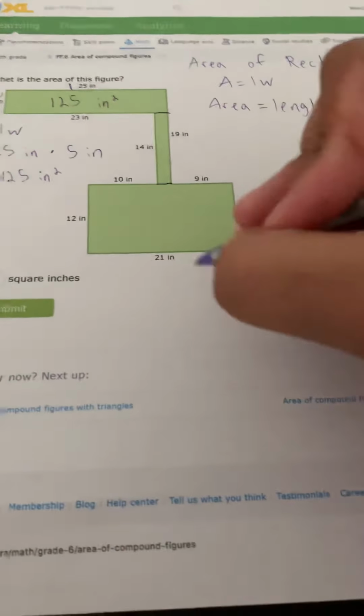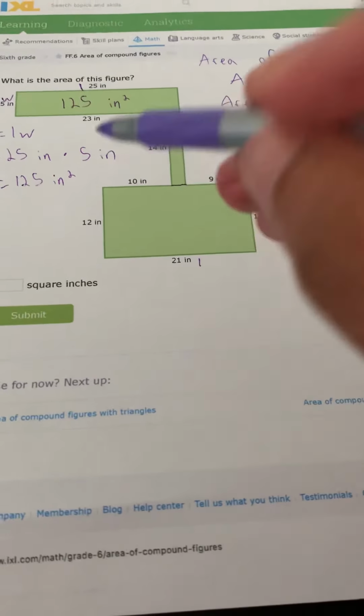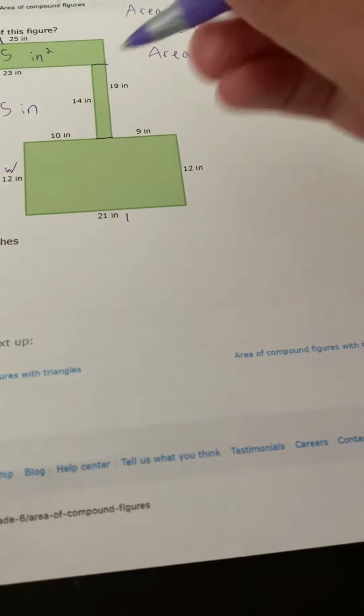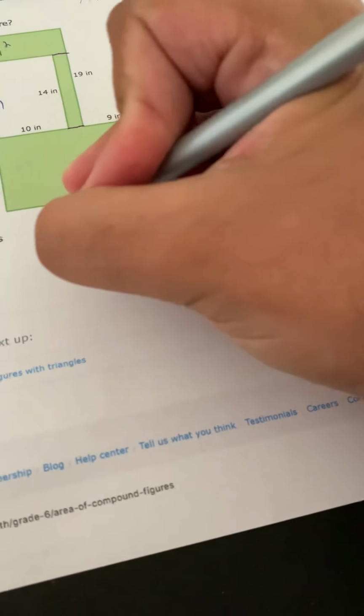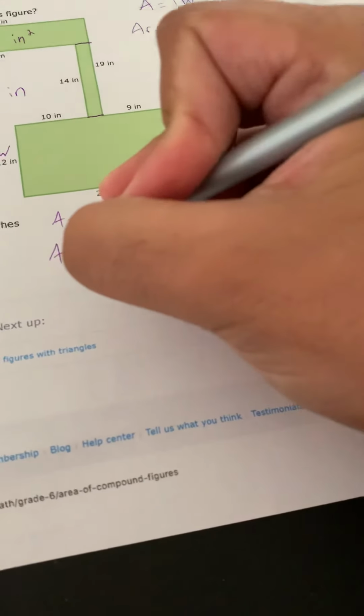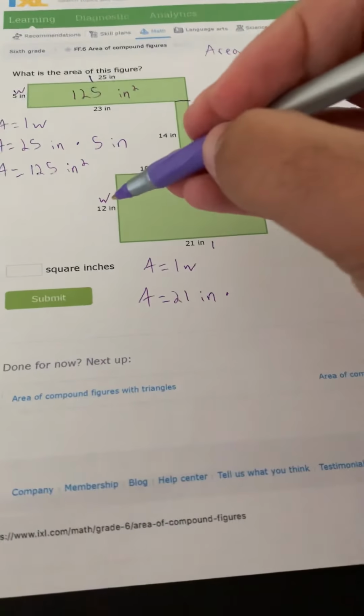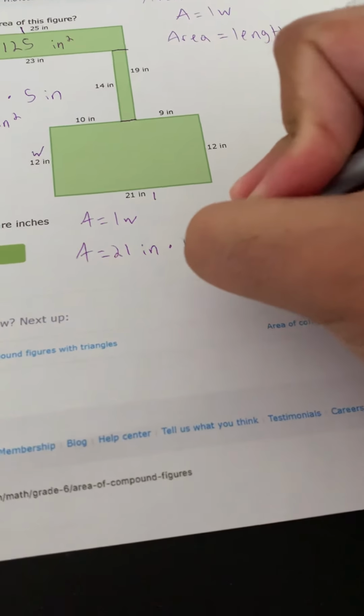As I can see, my length is 21 inches and my width is 12 inches. So I'm gonna have A equals length times width. So A equals 21 inches times my width, which is 12 inches.